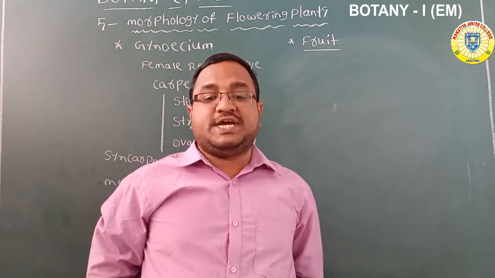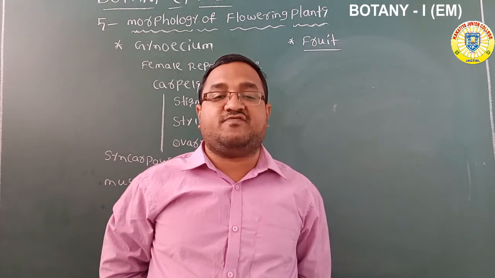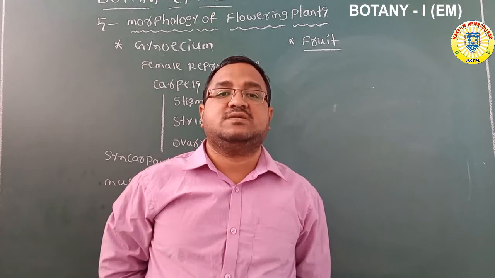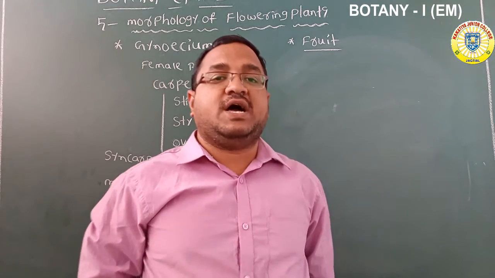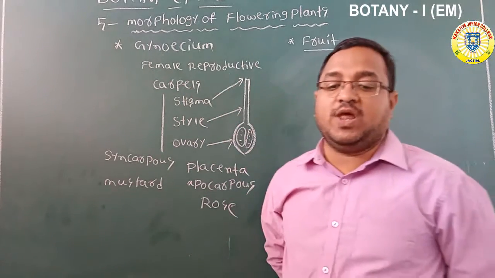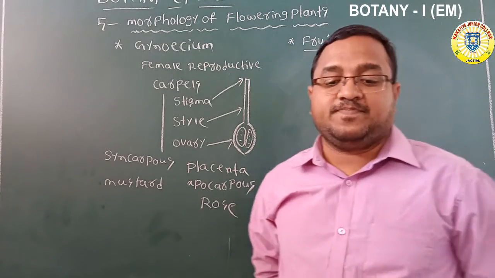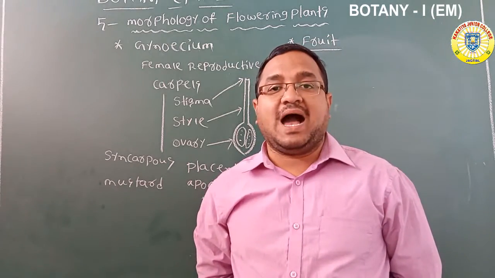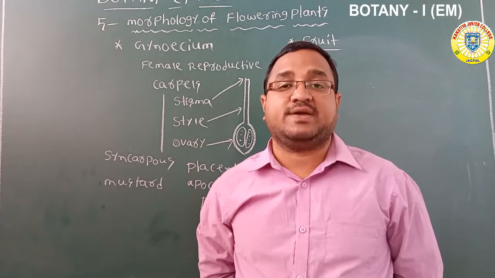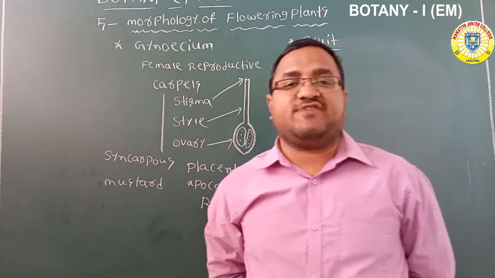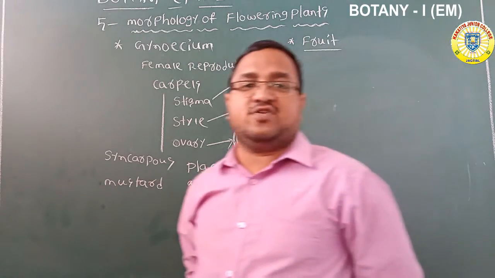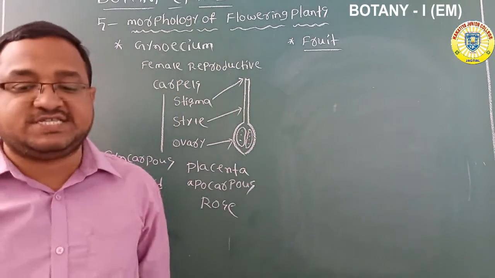Fruit is the characteristic feature of flowering plants. It is a mature or ripened ovary. As you already know, after fertilization the ovary is converted into fruit and the ovules are converted into seeds.